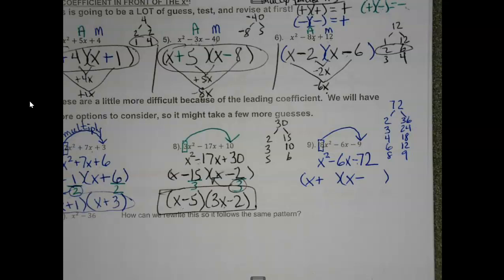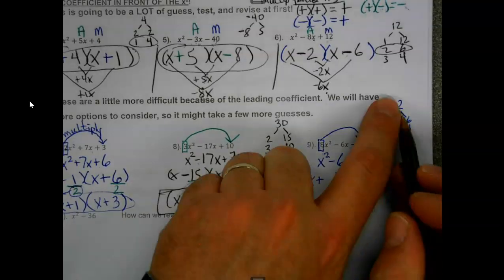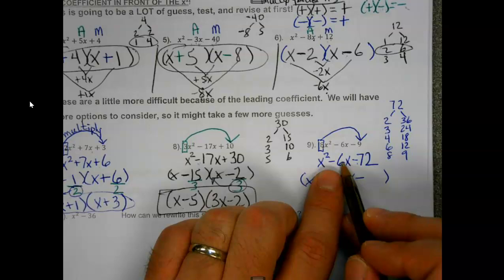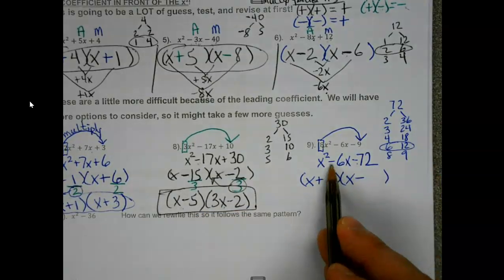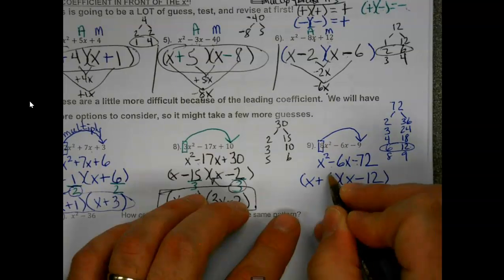So what am I doing? The signs are different. So which pair here can I subtract, or are 6 apart from each other? 6 and 12 are 6 apart from each other. And that is always the sign of the bigger number. So 12 is bigger, 12 gets the negative.